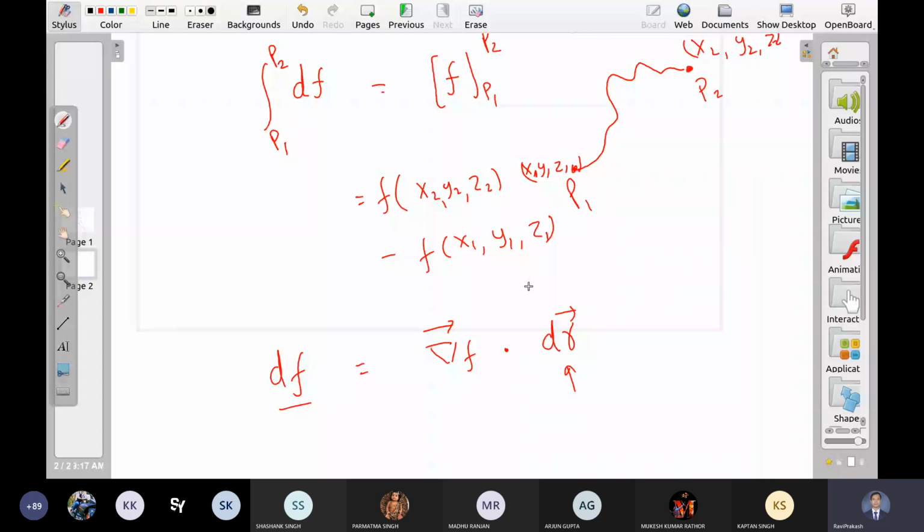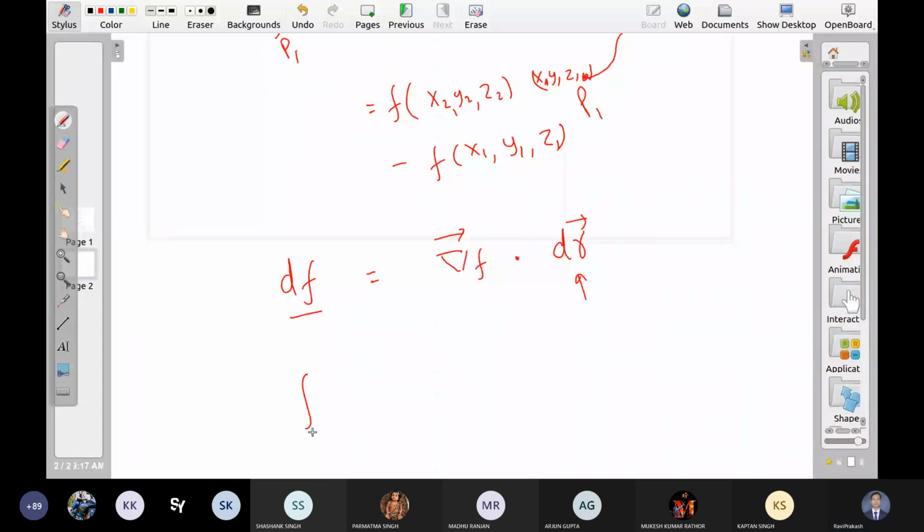So integral from one point to other point, gradient f dot dr is equal to f at point P2 minus f at point P1. So it is just the redefinition of integration in 3 dimensions.